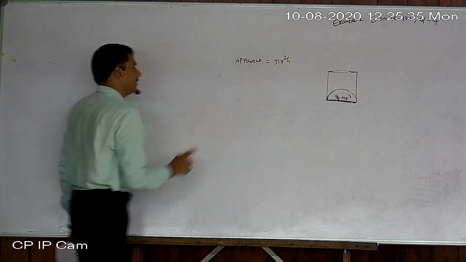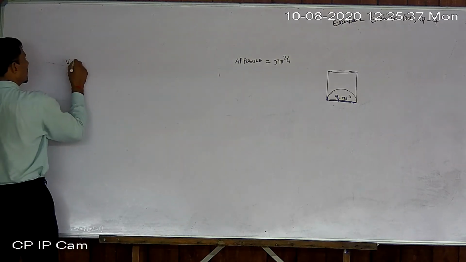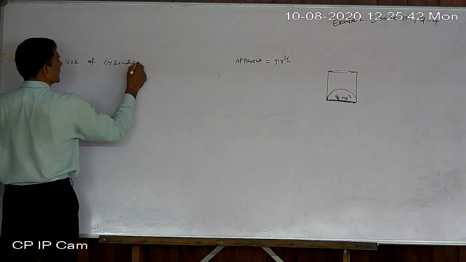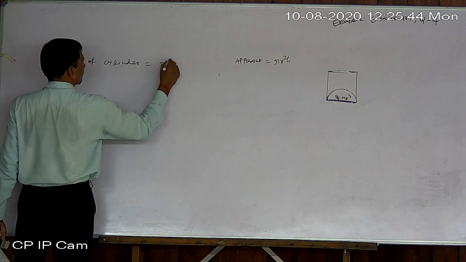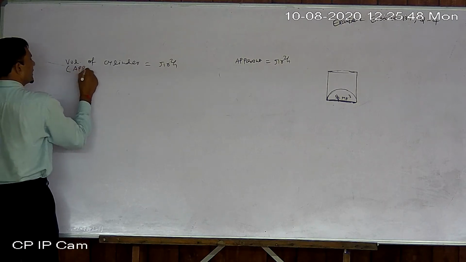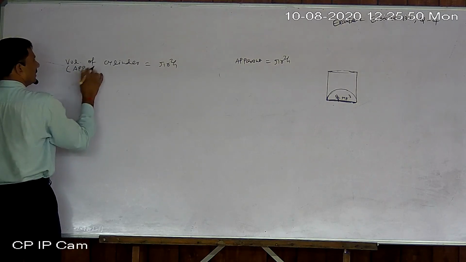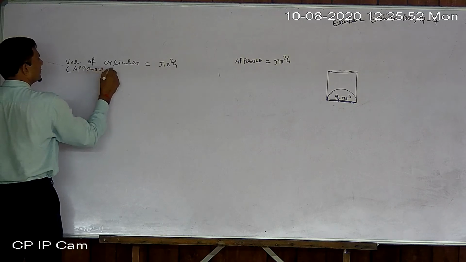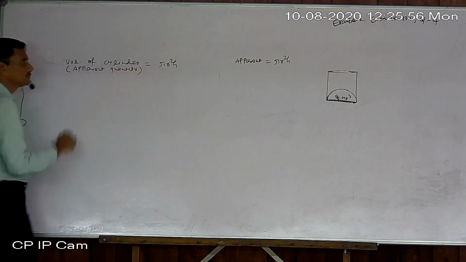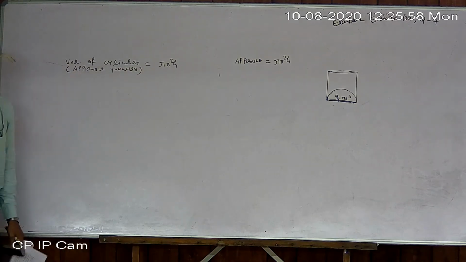So first of all you have to find the volume of the cylinder. Volume of cylinder is equal to pi r square h, and that is nothing but the apparent quantity. So the first answer you will obtain from that part only.